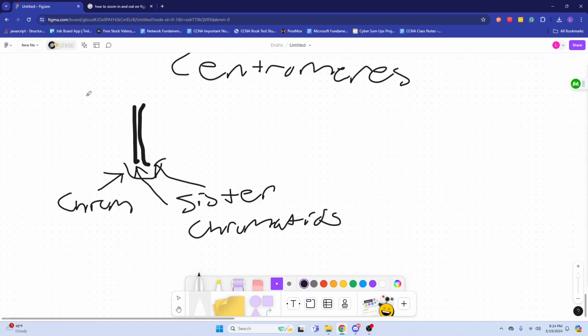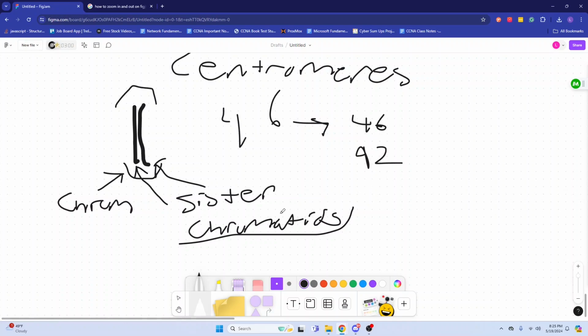In other words, once this is copied and we have two identical strands, this is not called a chromatid, and this is also not two chromosomes. This is still one chromosome, but it's two sister chromatids. This is why whenever she was going over the end of the lecture, and she talks about 46, everything's copied, and we have 46 chromosomes, but we have 92 chromatids.